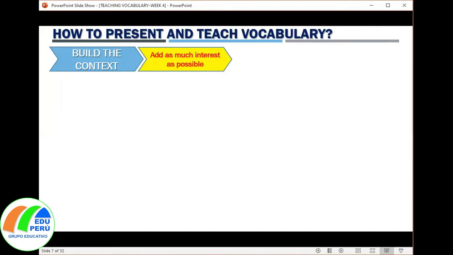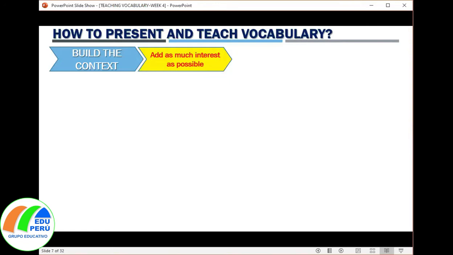Remember the last slide. Some strategies to make these words be remembered, no? Be remembered in our mind is motivation. So when you talk about build the context, it means that you are going to add interest. You're going to motivate.